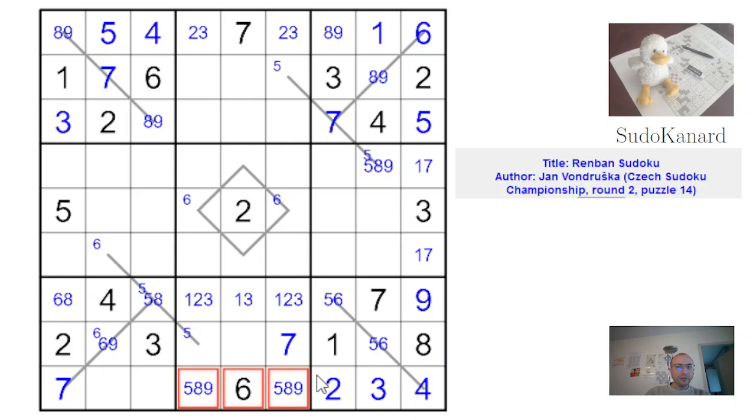Definitely this digit here is one of them. And actually those 3 digits must be those 3 digits.